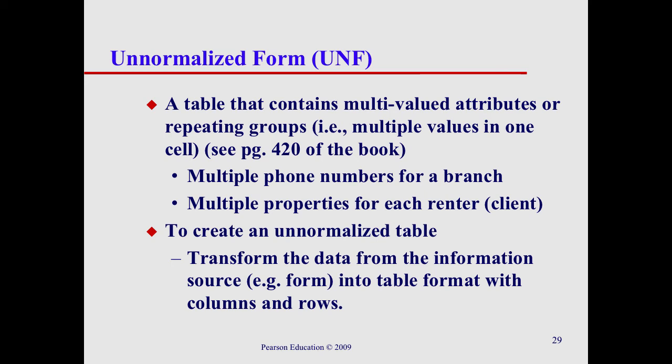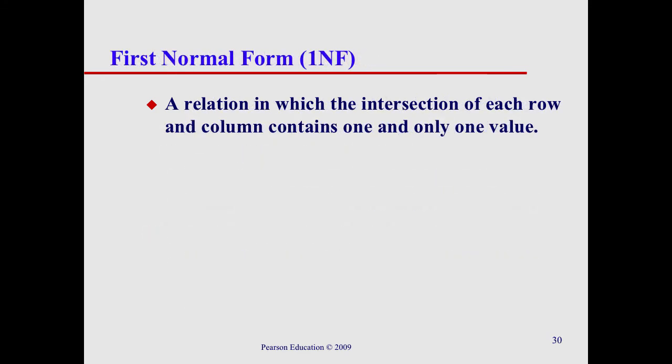To go from unnormalized to first normal form, you simply ensure that there is one value per cell in your table. You're eliminating multi-valued attributes.